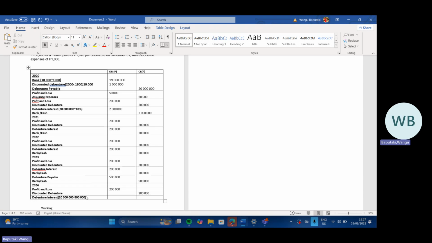Then I multiply by 10% to get 1,950,000. So the 1,950,000 we debit on debenture interest, and bank or cash we credit 1,950,000.